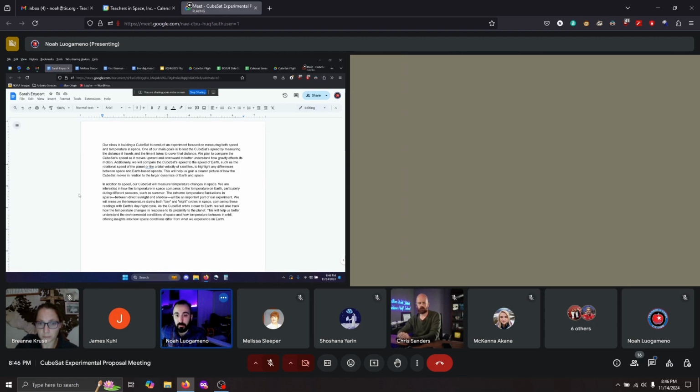So, looking back at that update that I had showed you earlier with all of the other CubeSats that were built by other classrooms, some of them are extremely complex, which means more troubleshooting, and some of them are super simple.